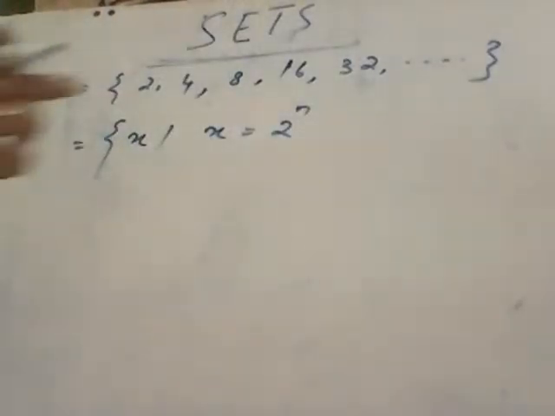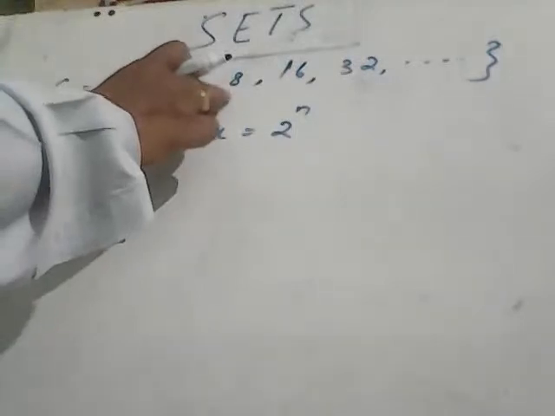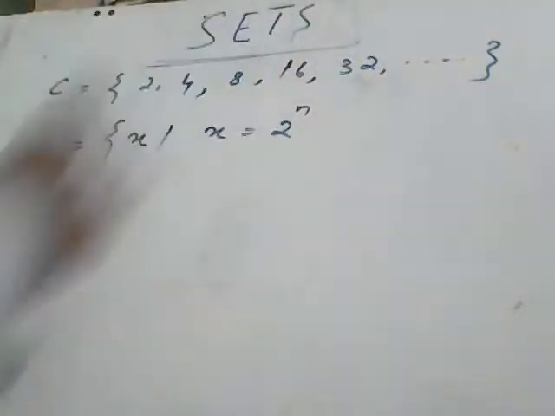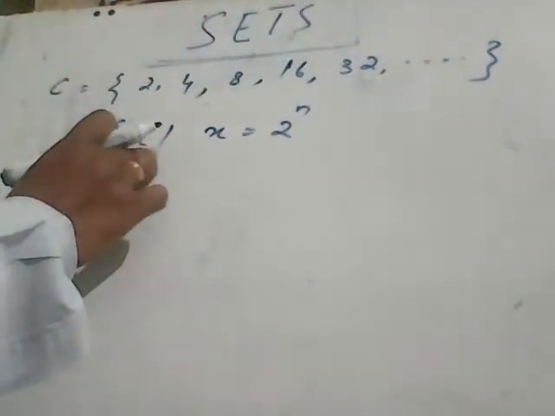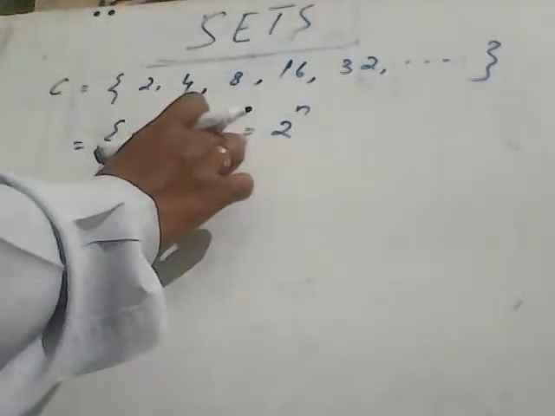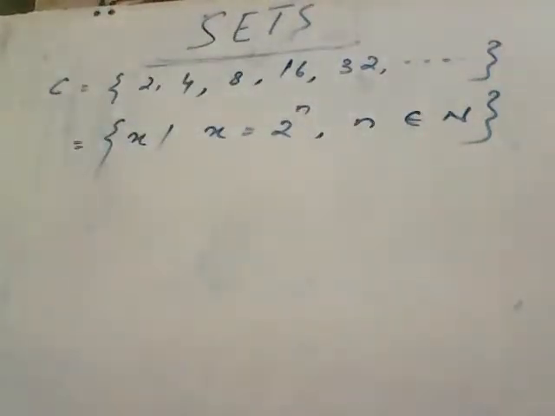This is important. Powers of 2: it is 2, 2 square, 2 cube, 2 to the power 4, 2 to the power 5, and so on. Hence, we conclude that x such that x equal to 2 to the power n, n belongs to capital N. In this way, you can represent this set.